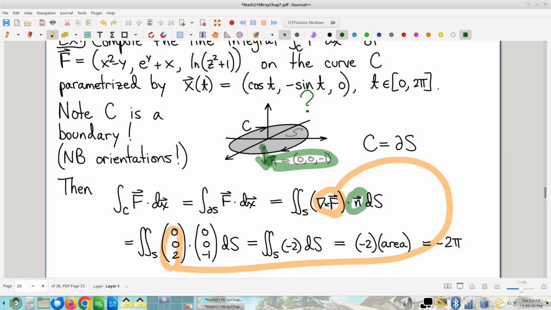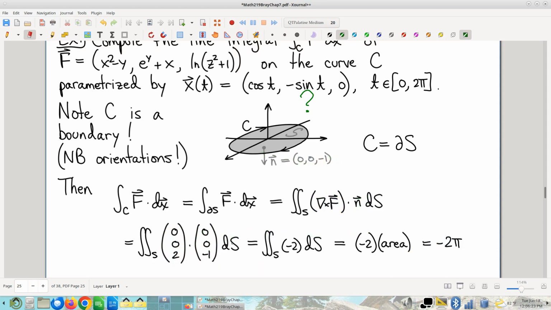Geometry of the picture: the surface is clearly perfectly horizontal, so the downward orientation is literally straight down, which means that normal vector is (0, 0, -1), and it's all over but the shouting. Our integrand is -2 over this disk, whose area is obvious and an easy integral, nothing to it.